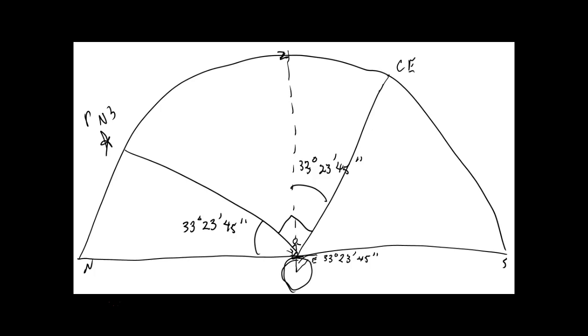And on the celestial sphere, that's how far north our zenith is of the celestial equator, 33 degrees, 23 minutes, and 45 seconds. And at right angles with the celestial equator, you'll find the North Star, Polaris, whatever you want to call it. There it is.